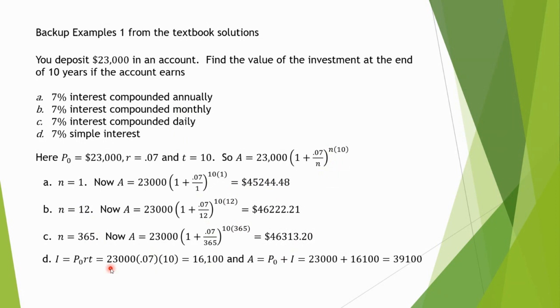Then I threw in simple interest as well, with a capital I, and we get this amount. Simple interest, you'll earn the least, and the most you'll earn is from compounding continuously. That's just an example I felt better doing.